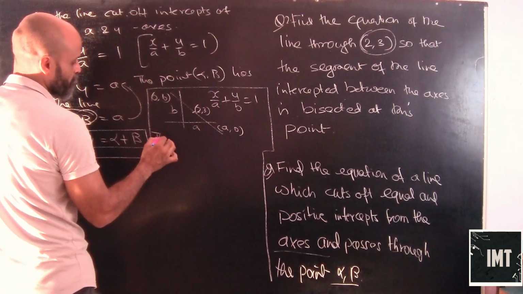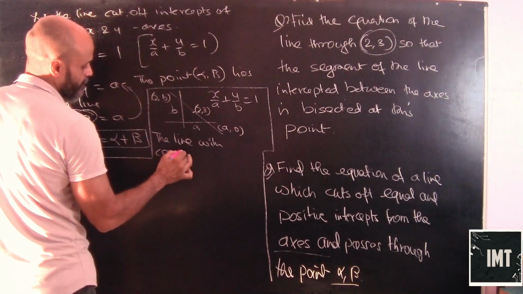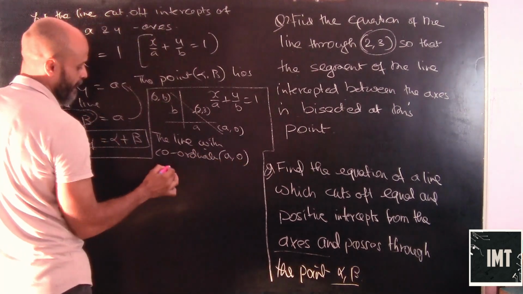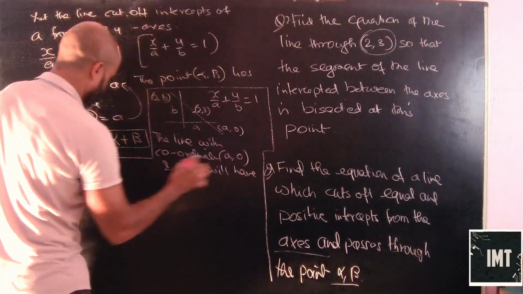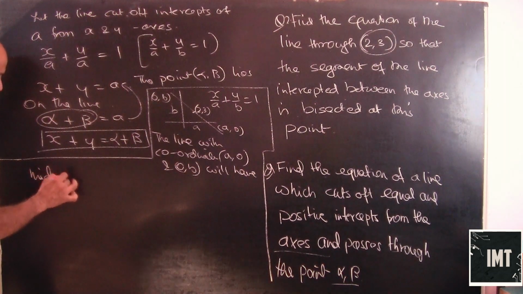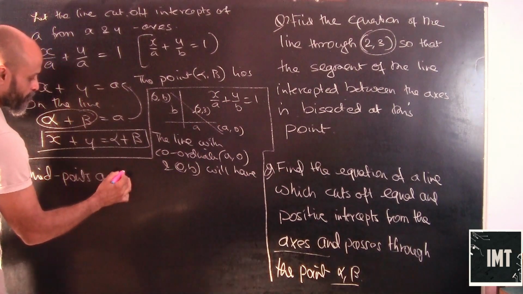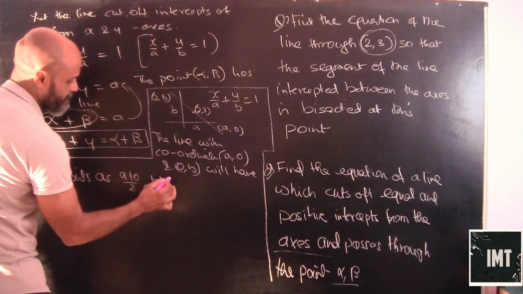So, the line with coordinates (a, 0) and (0, b) will have midpoint (a plus 0) by 2 and (b plus 0) by 2.